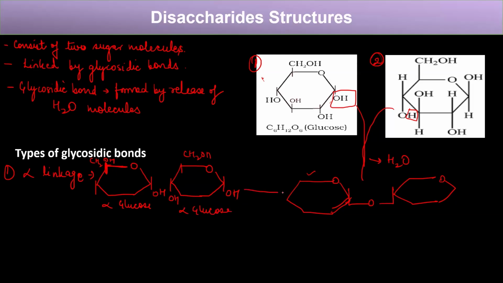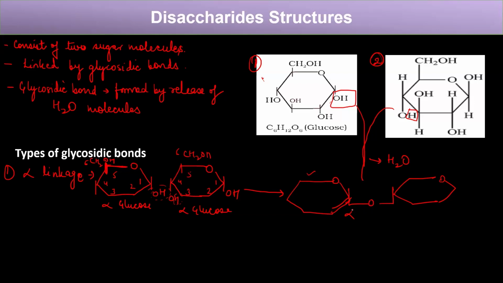In this case, when the bond formation takes place, it will look something like this. Here, this OH and this H together make the water molecule and it will be released, and the bond will look something like this. This bond will be called alpha, because this is 1, 2, 3, 4, 5, and 6, and again here 1, 2, 3, 4, 5, and 6. What we are seeing is that the first carbon of one glucose and the fourth carbon of the second glucose are making the bond.